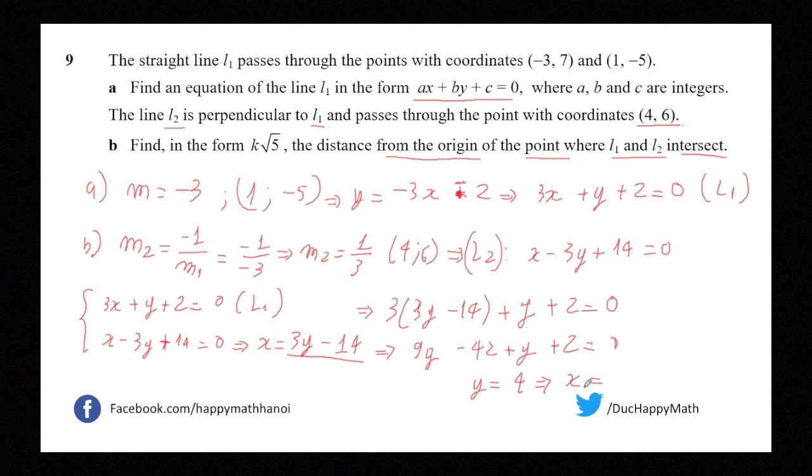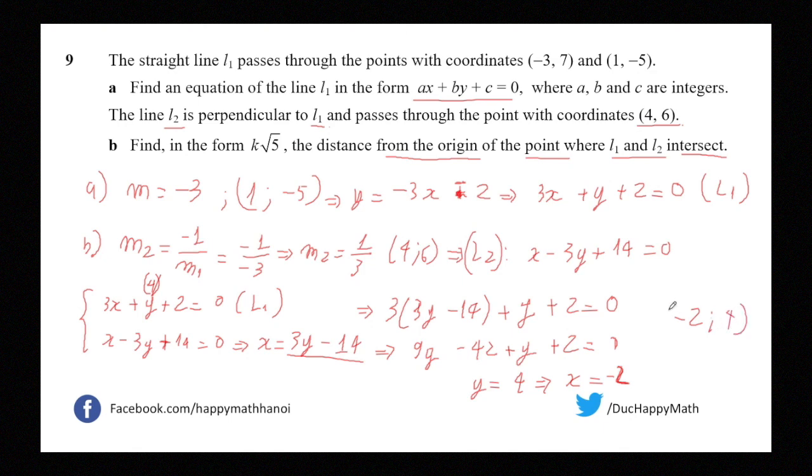When y equals 4, 4 plus 2 is 6, minus 6 divided by minus 3, so x equals minus 2. So the coordinate of the intersection point between L1 and L2 is minus 2 and 4.